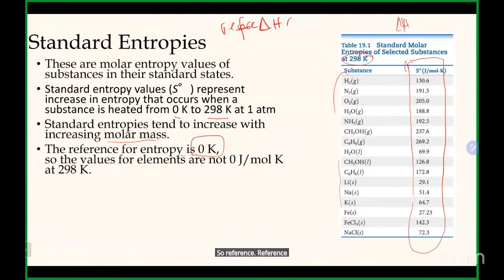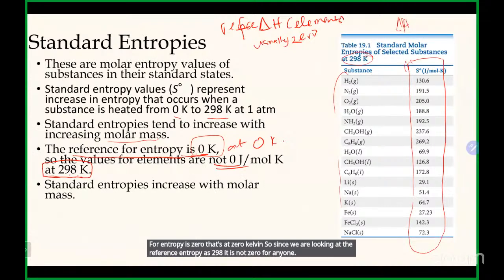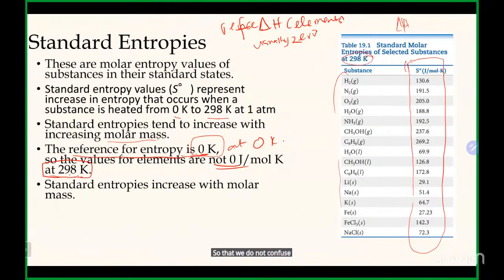Reference entropy is zero at 0 Kelvin. So since we are looking at the reference entropy at 298, it is not zero for elements, so that we do not confuse those two things together.